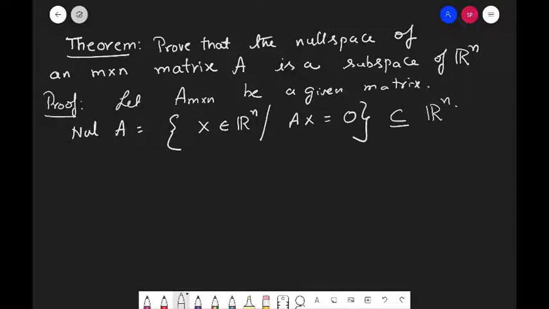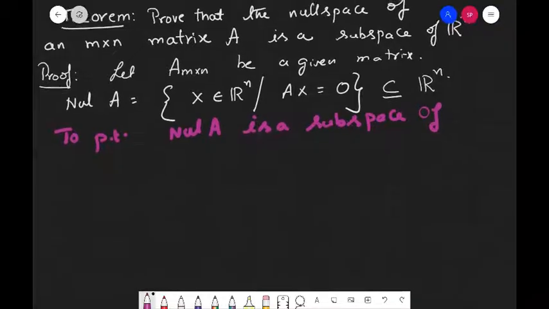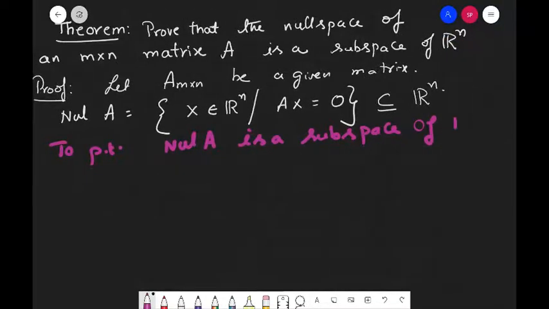Now what do you have to prove here? Null A is a subspace of Rn. Now we know we have three conditions to prove any set to be a subspace. So the first one, let us take the first one, that is 0 vector.